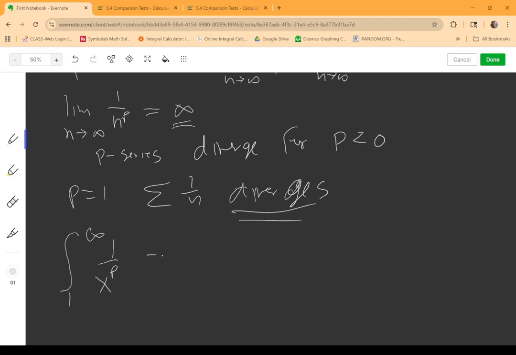So I'll set up here the limit as t goes to infinity of the integral from 1 to t of 1 over x to the p dx. And then I'll apply the power rule for integrals.